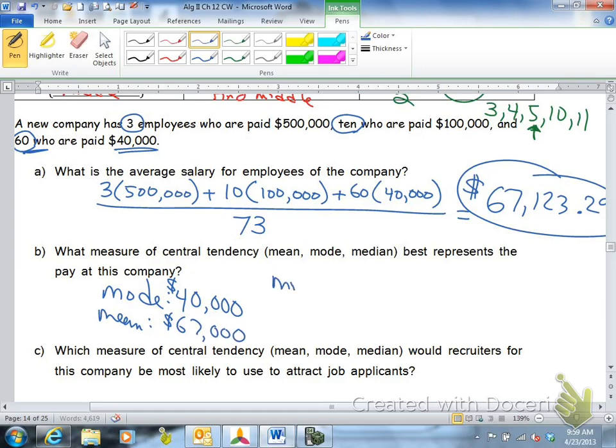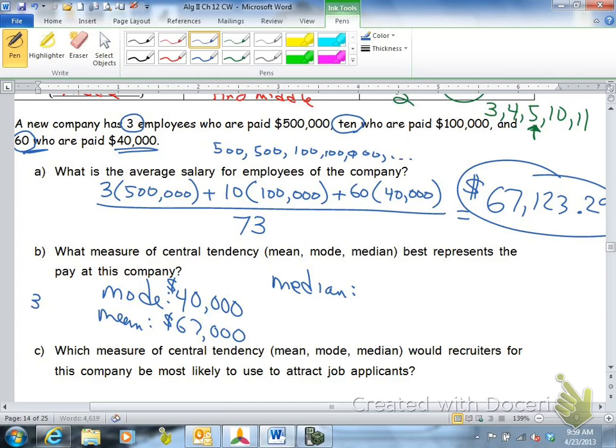And then the median is the middle number. If you line them all up, you're going to have a bunch of the 500s, I'm just going to round it, then you're going to have a bunch of the 100s. And it would take a while to actually line them up in order from greatest to least or least to greatest. But if you think about it, you have 73 workers.